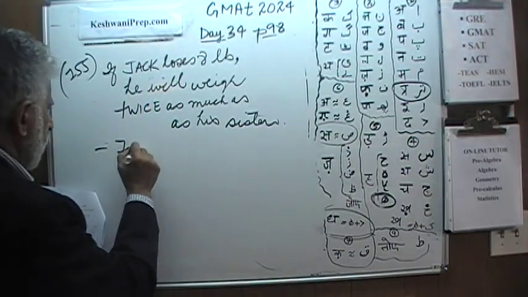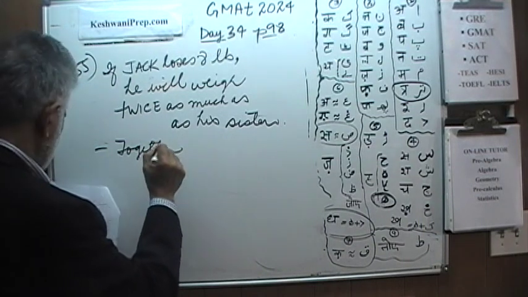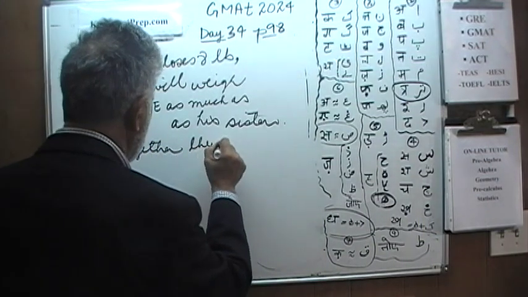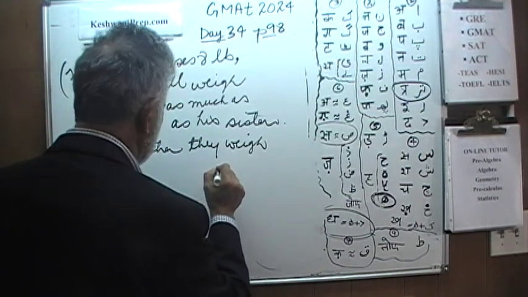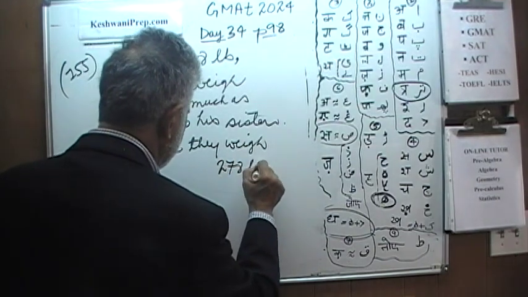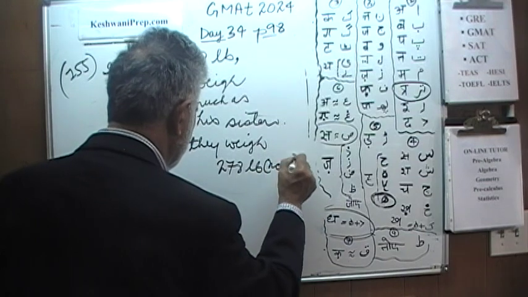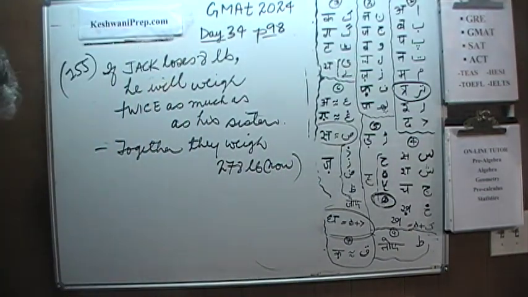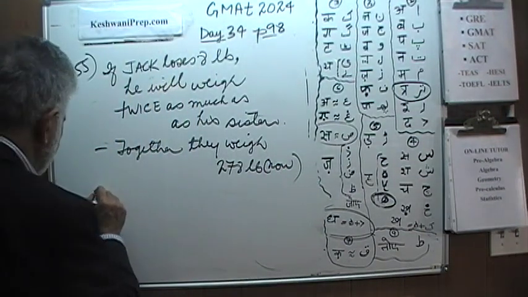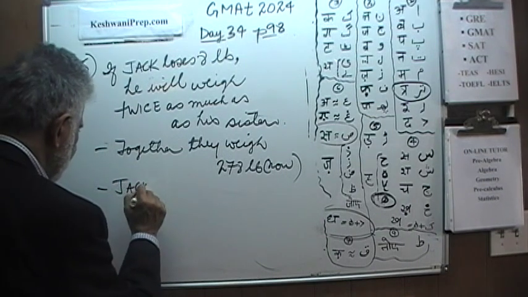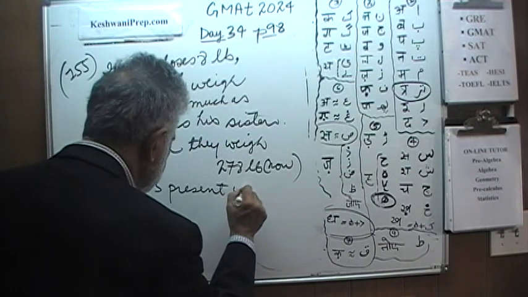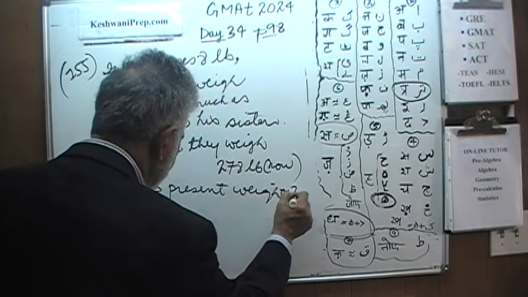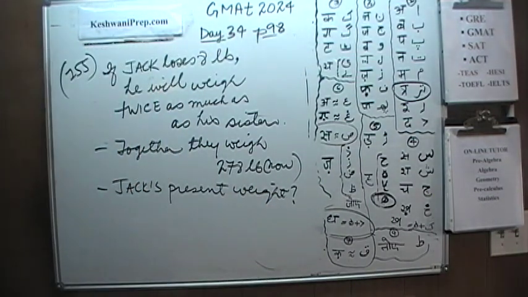Together, we are told, they weigh 278 pounds. Now, as before, the guy loses the weight. Here's the question. What is Jack's present weight? Go ahead, do it yourself.